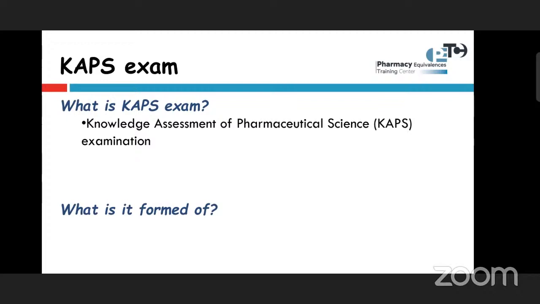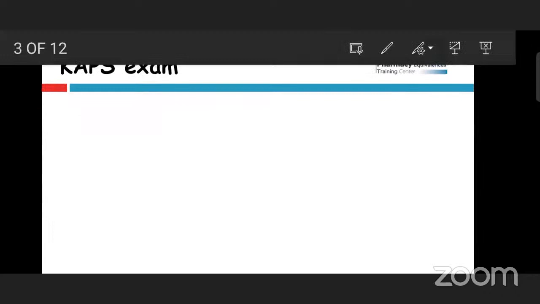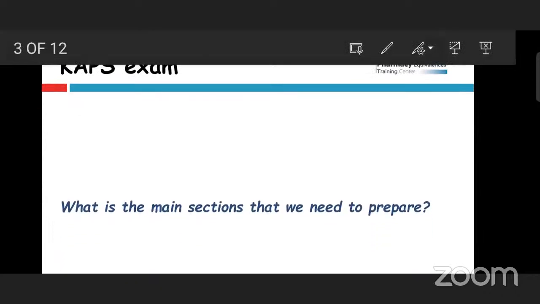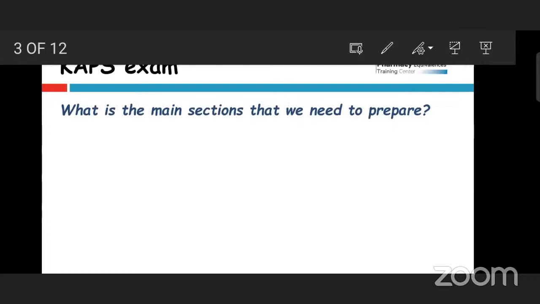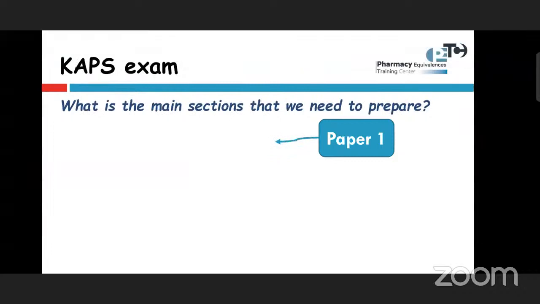This exam is formed of two papers, paper 1 and paper 2. Each paper has 100 questions. Paper 1 has two main parts. The first part is chemistry.